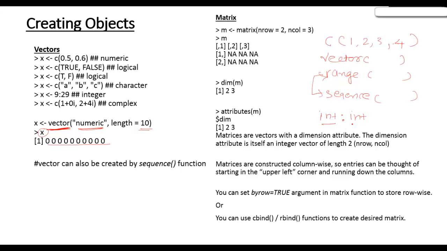This would be your starting number, this would be the number at the end, and by writing this you can generate a vector from this number till this number with a step of 1. If I write 1 to 10, it will give me the vector 1 2 3 up to 10.